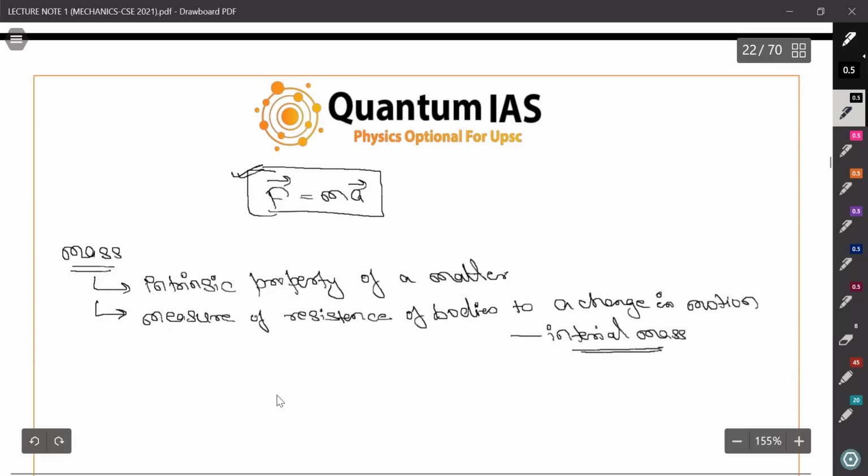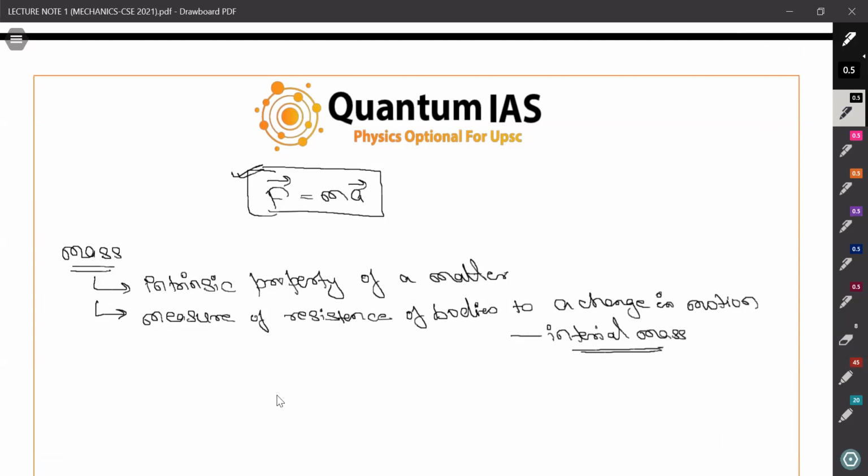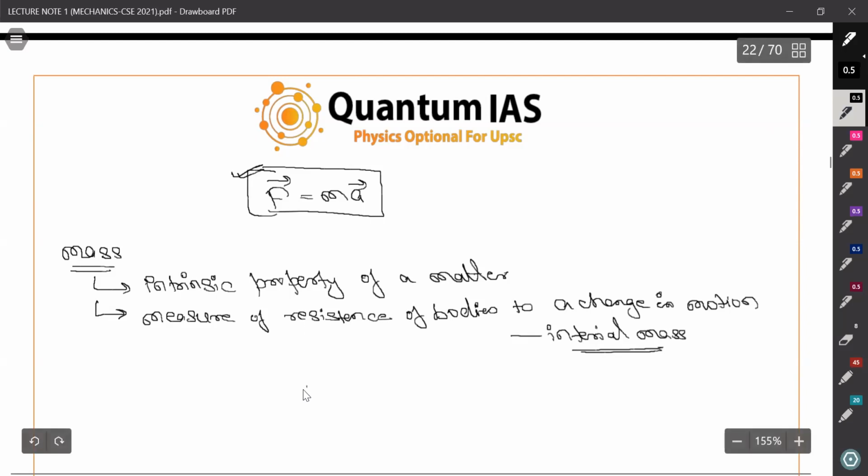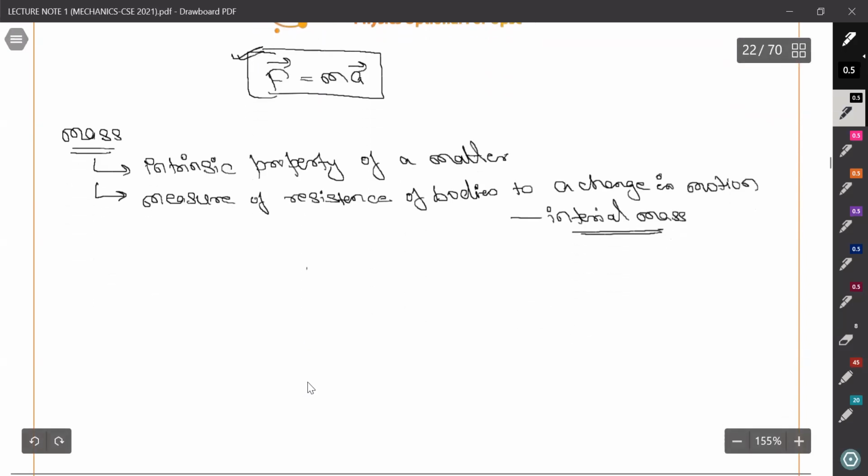And basically mass is the property, and using one property we can measure the other property of a matter, right? For example, if we know the mass of one substance, we can know the mass of the other particle also. For example, let's suppose we have m1 here, and m1 is known to us, right?